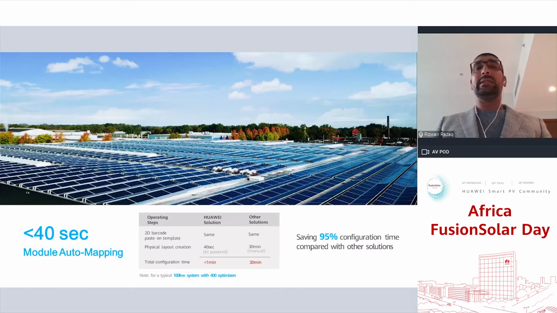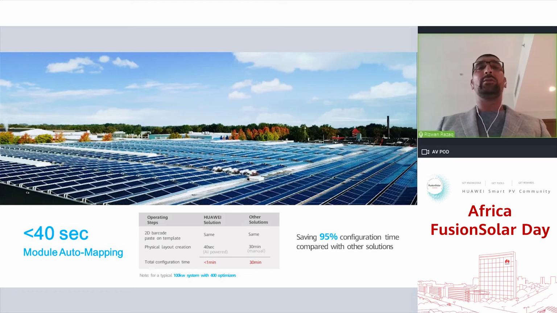So in terms of the optimizers themselves, when you are installing multiple solar modules on the rooftop, as well as optimizers on the rooftop, the increase in labor and workmanship that is required can be quite extensive. So Huawei has adopted an auto mapping system.